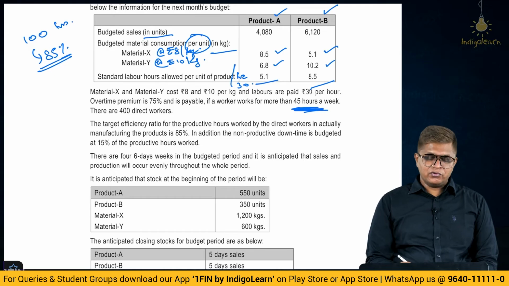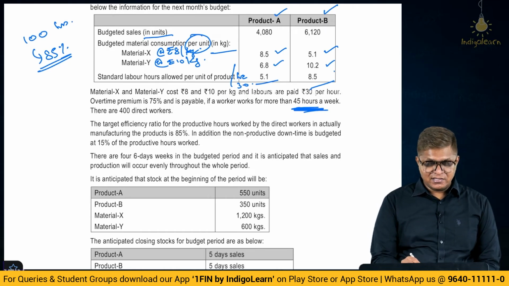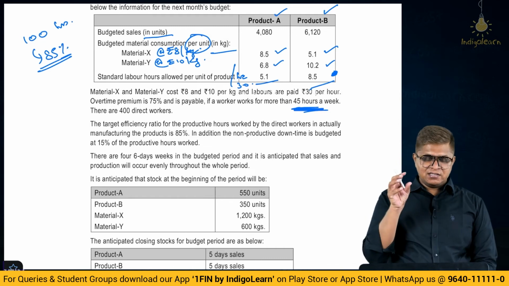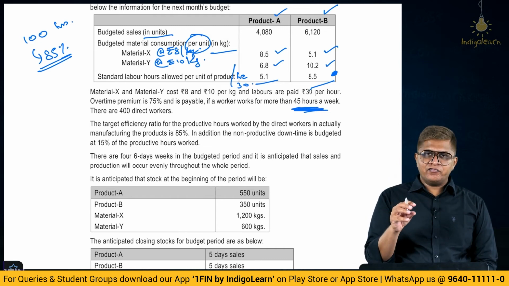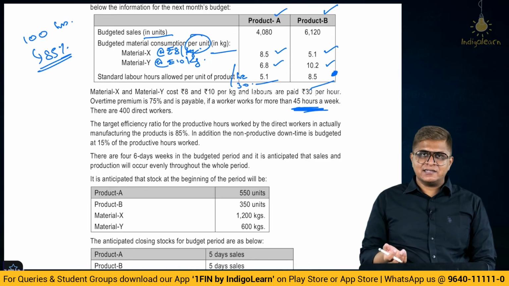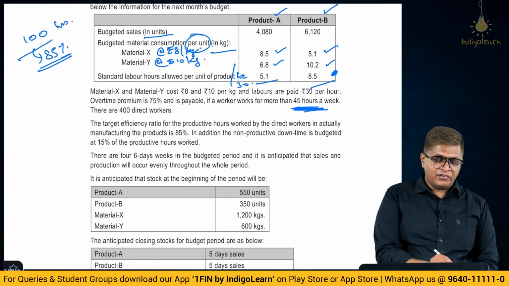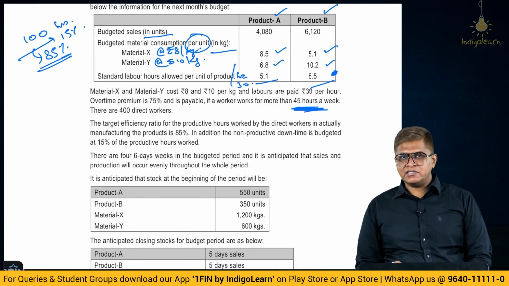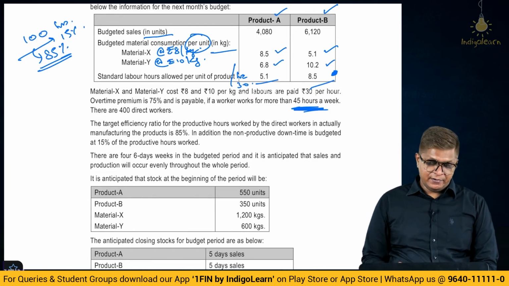So we will have to understand how much labor time is required for manufacturing of product A and product B. Whatever is the standard time required, we will have to extrapolate it and increase it to accommodate for this 15%. Because the standard time will represent only 85%, we should understand how much is the 100% because of the efficiency ratio.